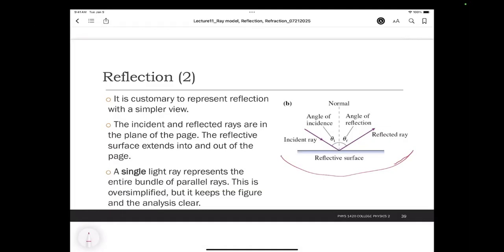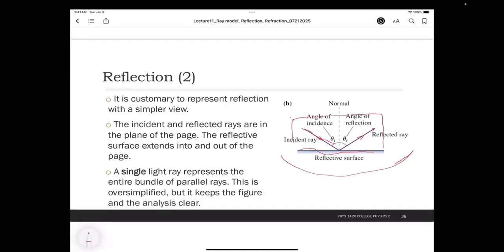Here the incident ray and the reflected ray are in the plane of the page, and the reflective surface extends into and out of the page. You can imagine that. A single light ray represents the entire bundle of parallel rays.